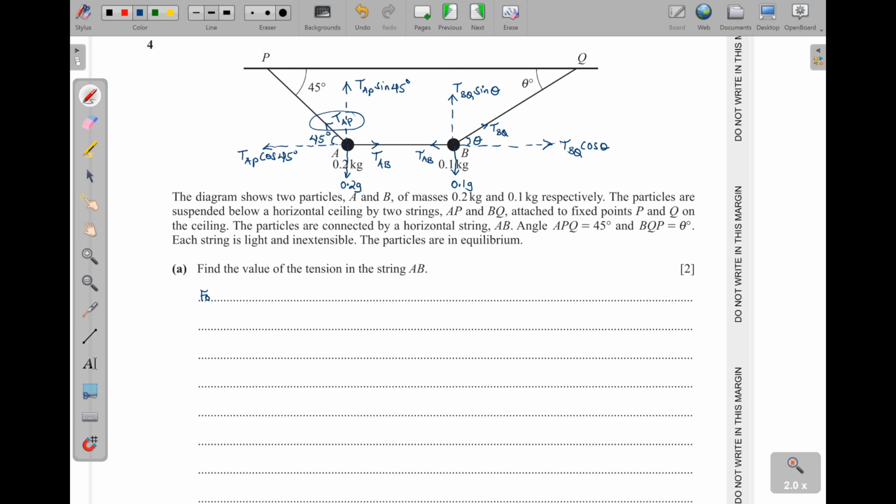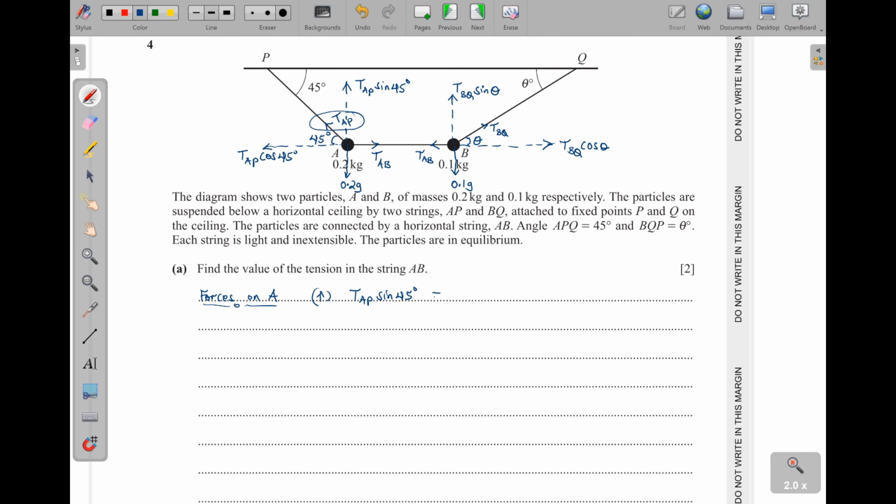Now, when we are finding values here, just look at forces acting on one particle. So forces on A, okay? Look at A here. So vertically, resolving those forces, we have TAP sine of 45. Okay?